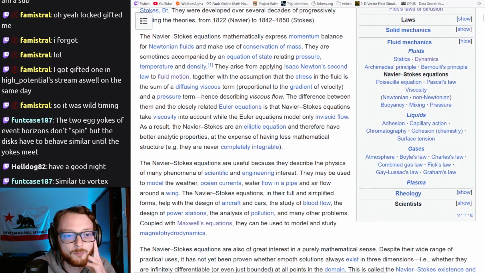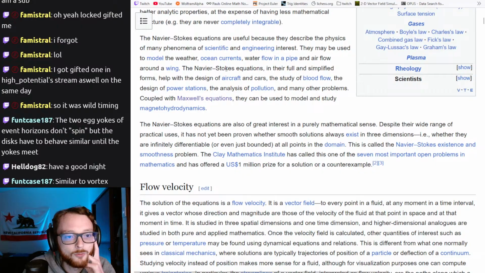We could see if there's a mention of this for something involving black holes.